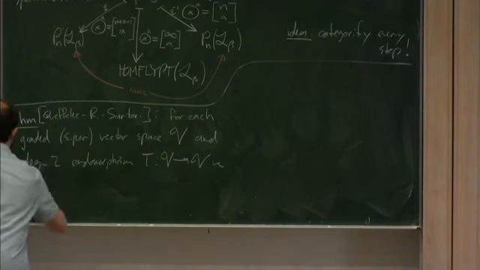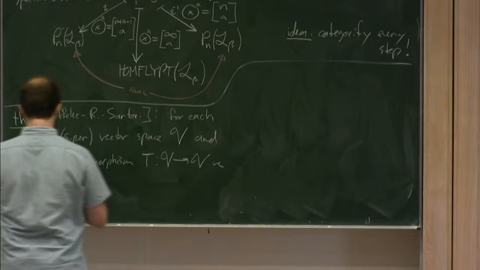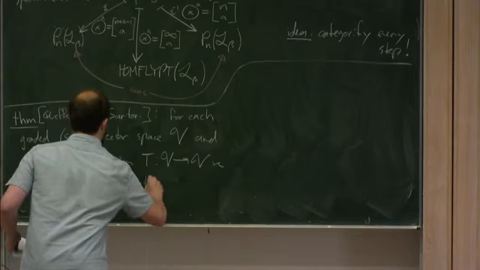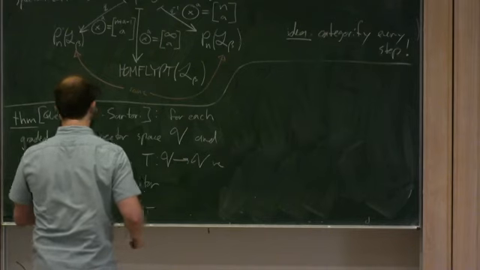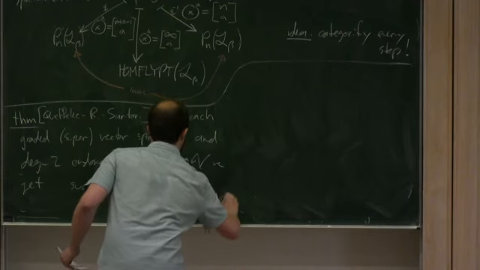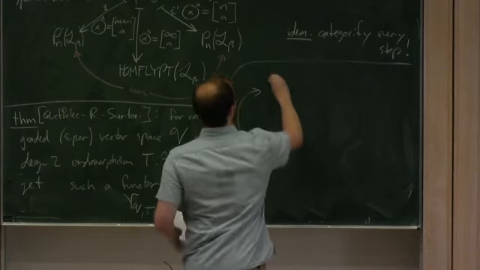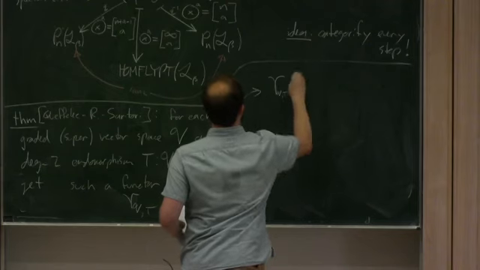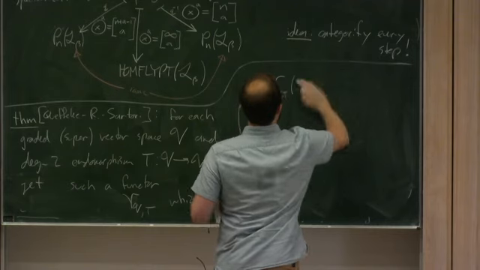we get a functor epsilon sub V,T, which sends, so if I want to know where an A-labeled circle goes, yeah, so maybe let me be a little more precise.